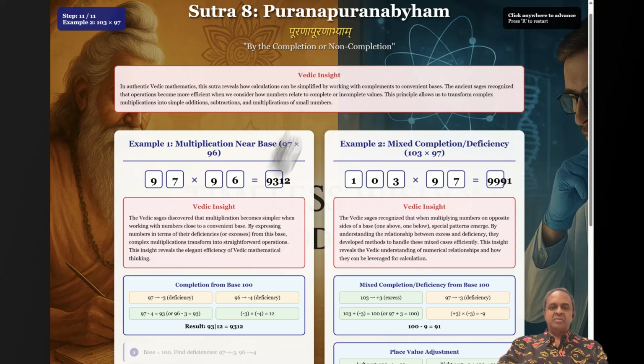In the first example, we saw pure deficiency. The second example was a mixed case. This method transforms complex multiplication into simple additions, subtractions, and basic multiplication operations, like how you multiplied the deficiencies. The Vedic insights we have explored reveal the profound mathematical understanding of the ancient sages, whose techniques continue to offer elegant solutions to modern calculation challenges.